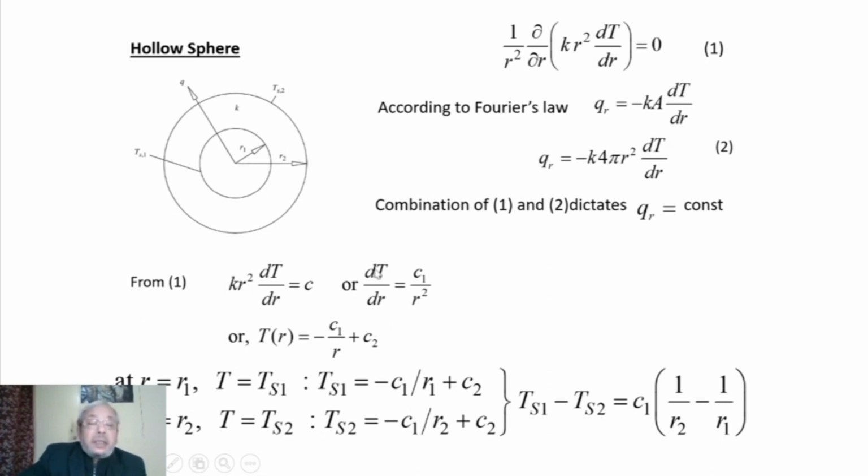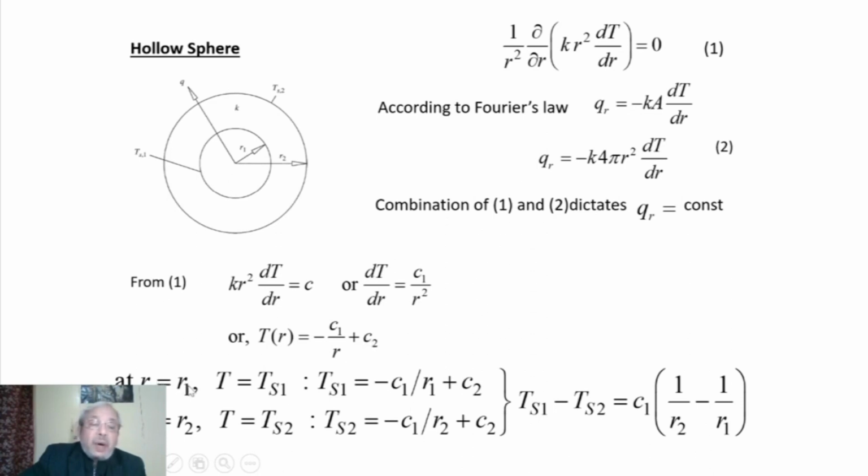So dT dR is given by another constant C1 by R square. If we integrate once, T of R is given by minus C1 by R plus C2.